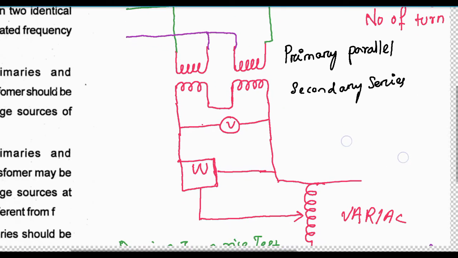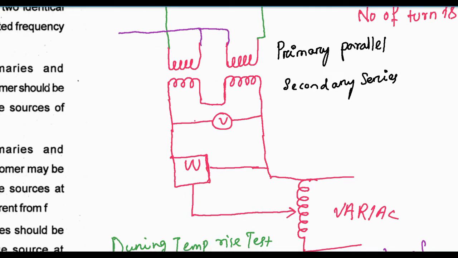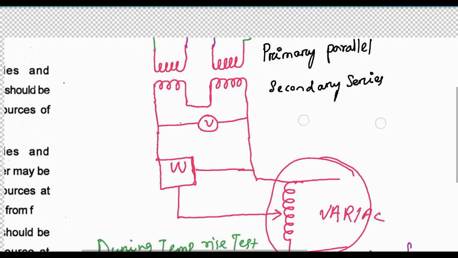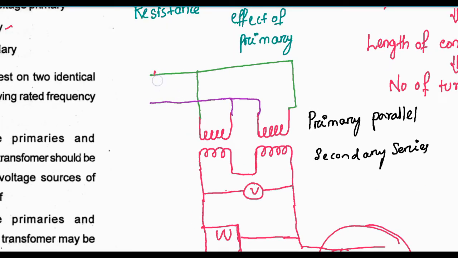And what is the regulating transformer given? Here is the regulating transformer. We have to provide power supply to the secondaries which are connected in series opposition manner. So you have to connect one wattmeter here and a second wattmeter here.